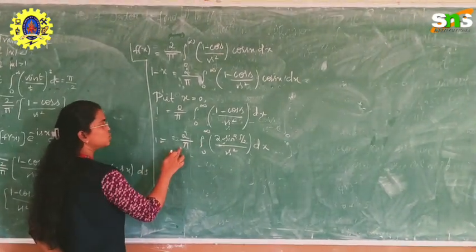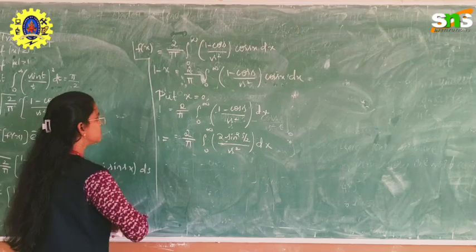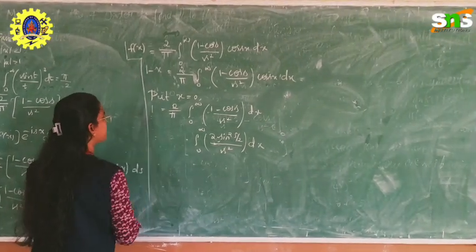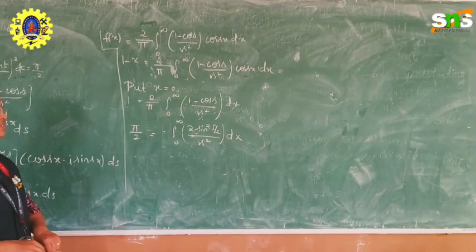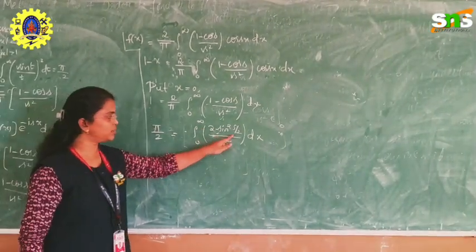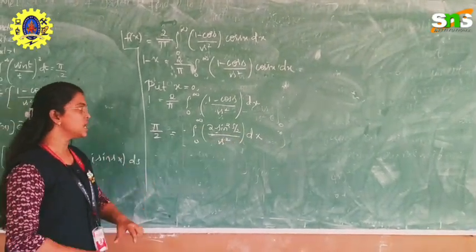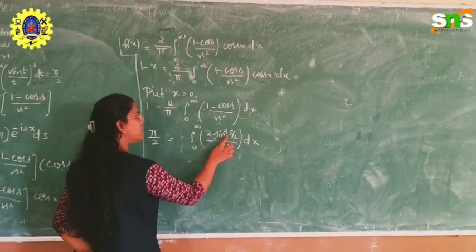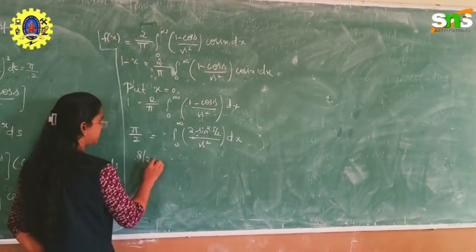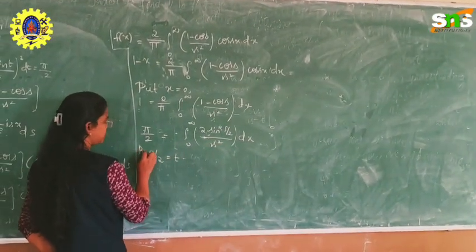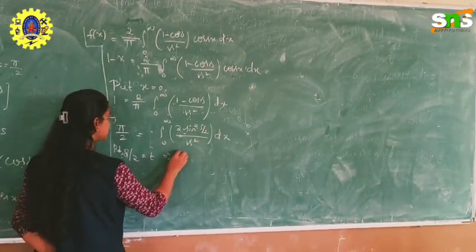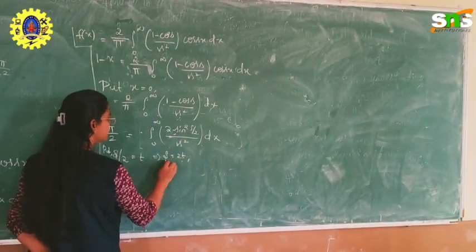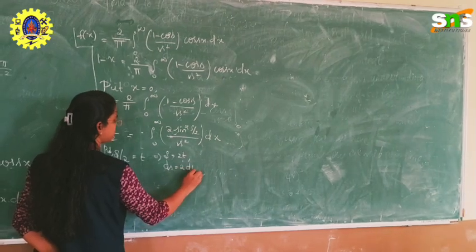I'm just taking this 2 divided by pi to this side. So it will become pi divided by 2, which is equal to integral 0 to infinity 2 sin square (s divided by 2) divided by s square into ds. I'm just taking this s divided by 2 as t. So put s divided by 2 as t. So s is equal to 2t, so ds is equal to 2 times dt.